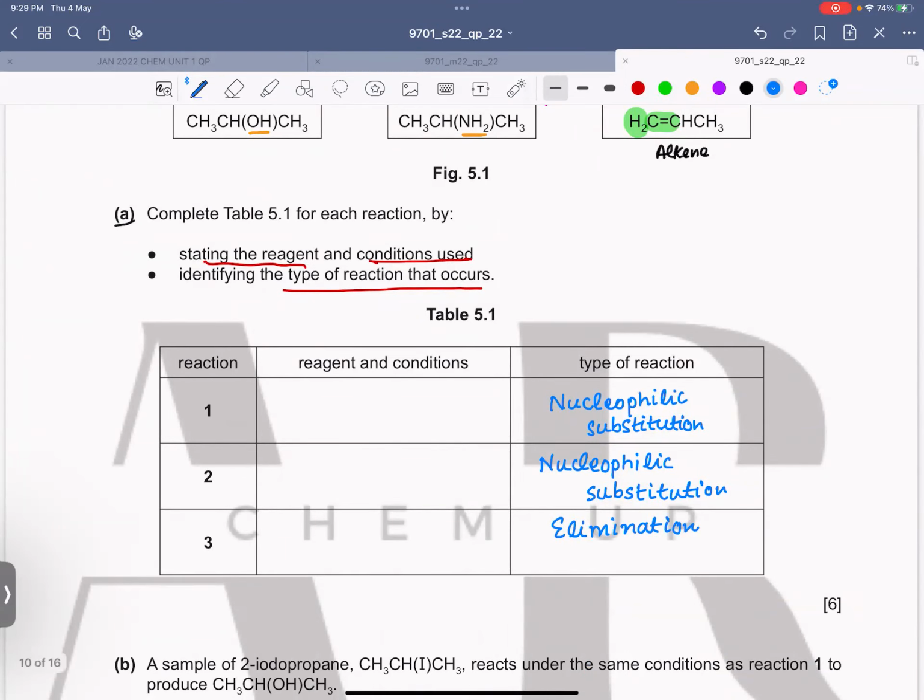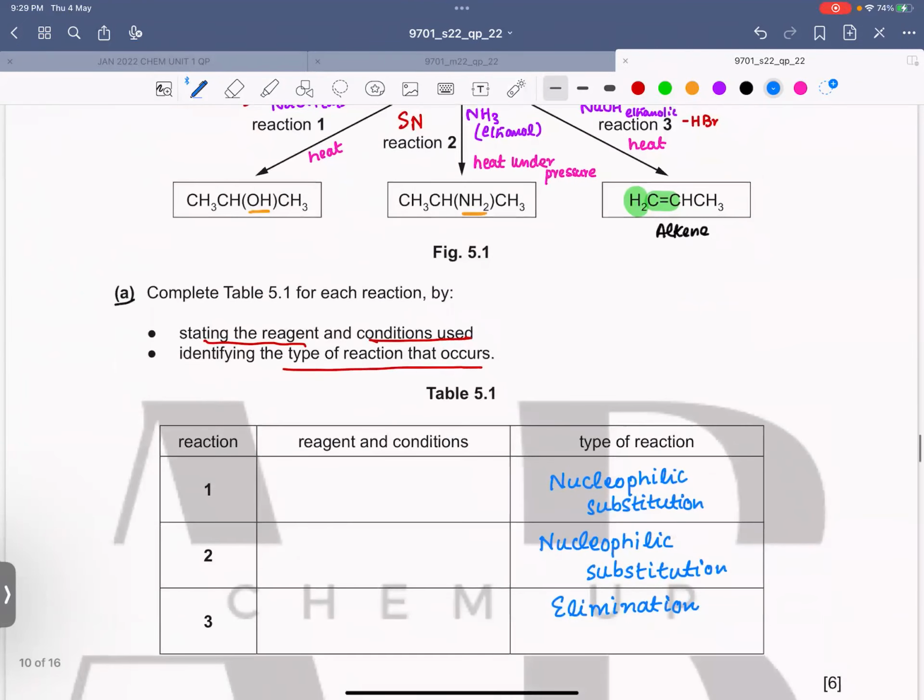Now, reagents and conditions we have already discussed, so we have to just put them down over here. For the first one, it is sodium hydroxide, aqueous, and heat. For the second one, ammonia, ethanolic, and heat under pressure.